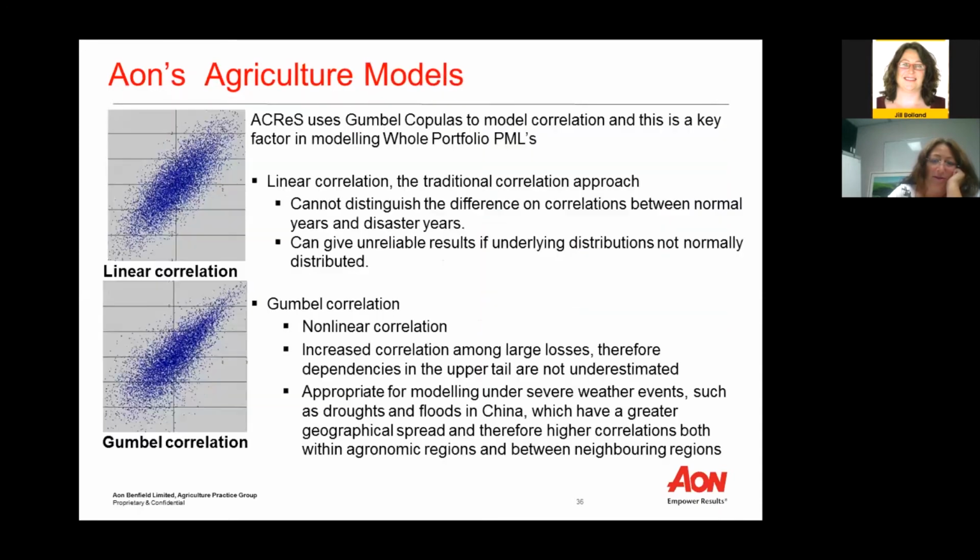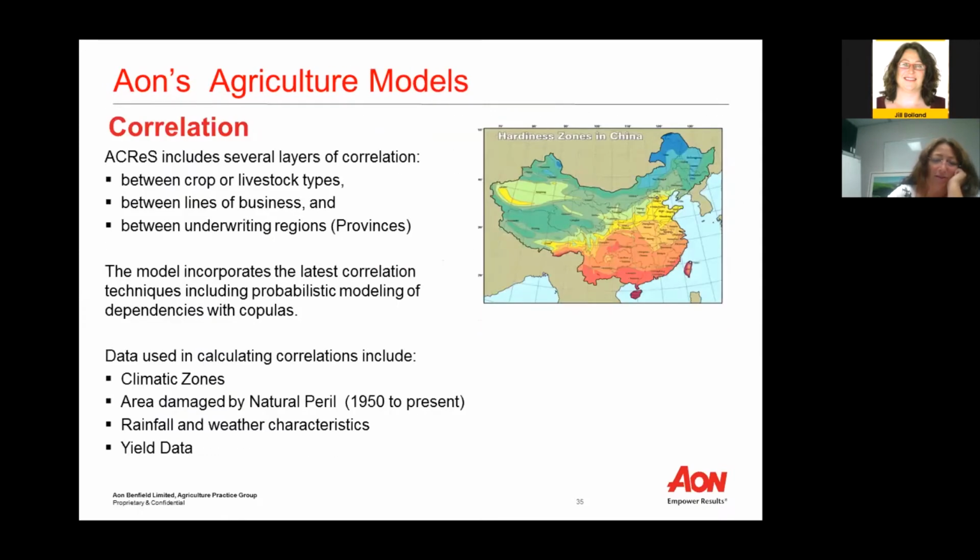I did want to talk a little bit about correlation. This is something I've learned quite recently. I've spent a lot of time thinking about correlation. Particularly with weather hazards or climate hazards, there's a lot of correlation involved. So when we build our models, if you've got different crop types or livestock types within the same county, then we expect those to be correlated.